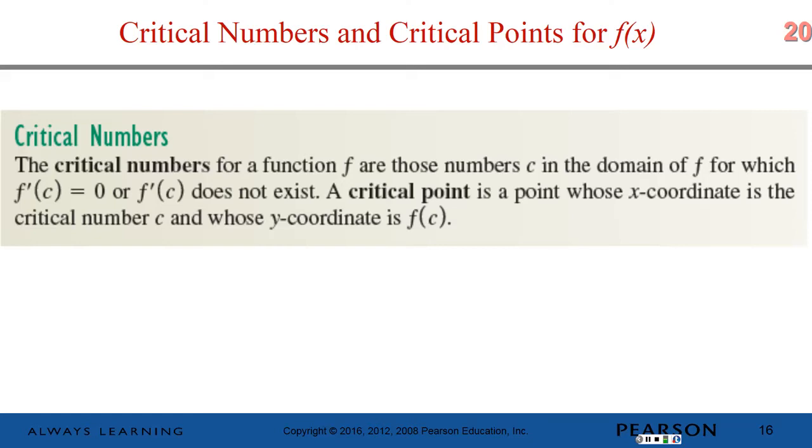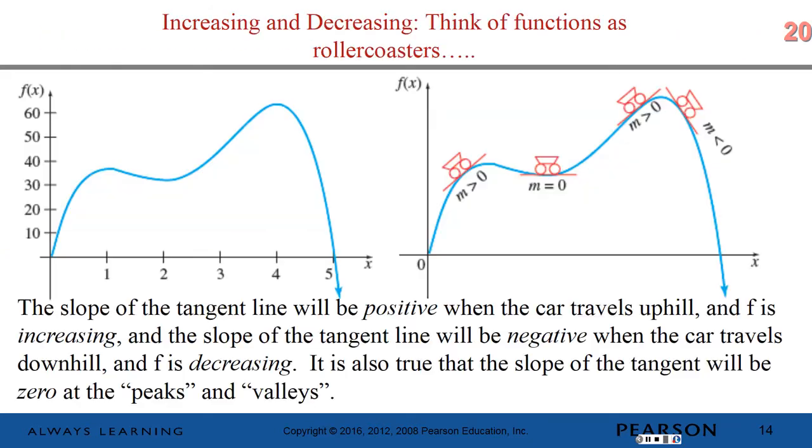So I'm going to back up for a second. This function appears to have a critical number at about 1, let's say 37.